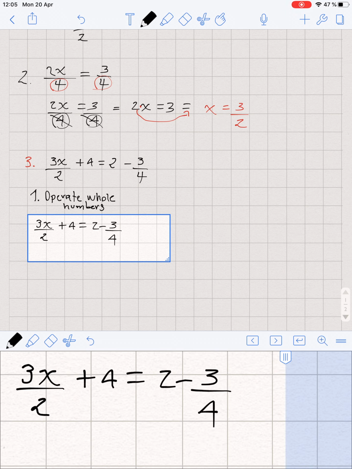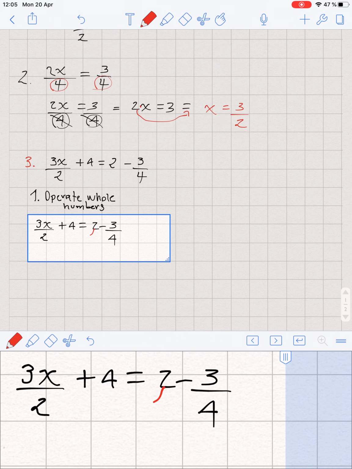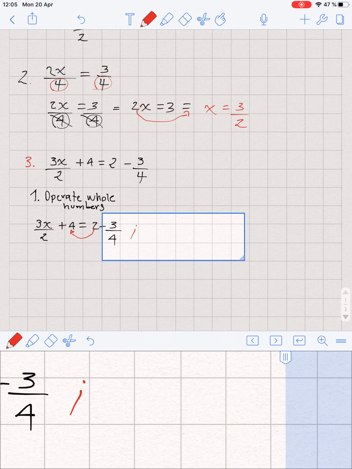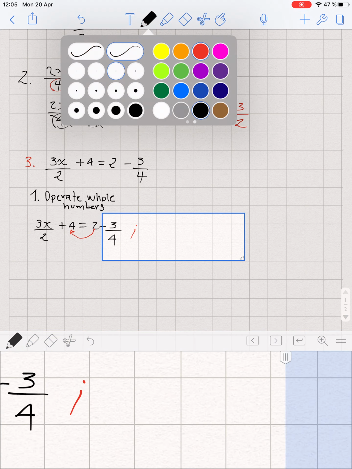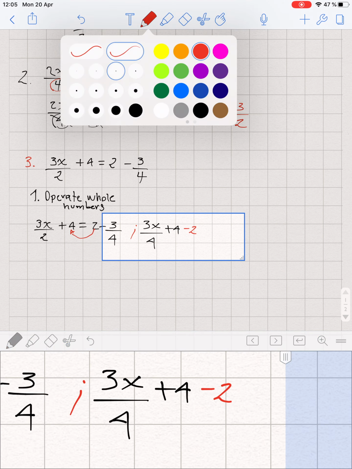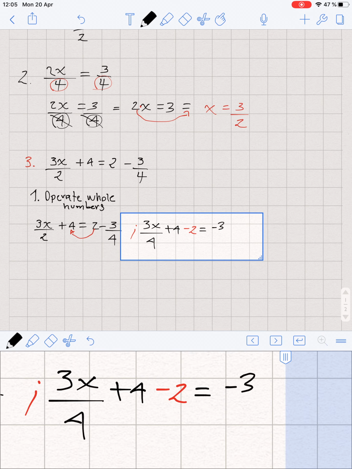In this one, I'm going to pass, for convenience, the 2 that is adding to the other side to be minus. In this sense, we will have 3x divided by 4 plus 4, and in red color what is changing, minus 2, equal minus 3/4.